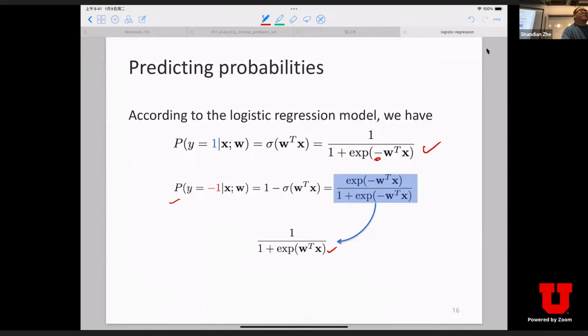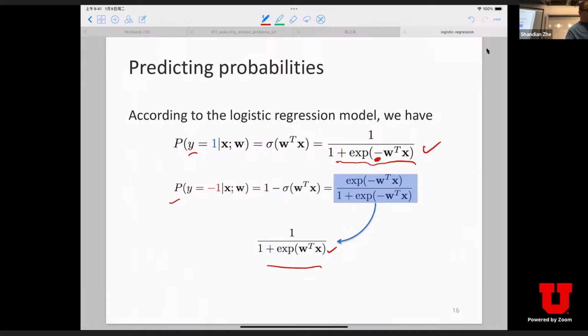So the likelihood of y being 1 is this one, and the likelihood of y being minus 1 is this one. The only difference is that in the first case, you have an additional minus sign in front of W transpose X.